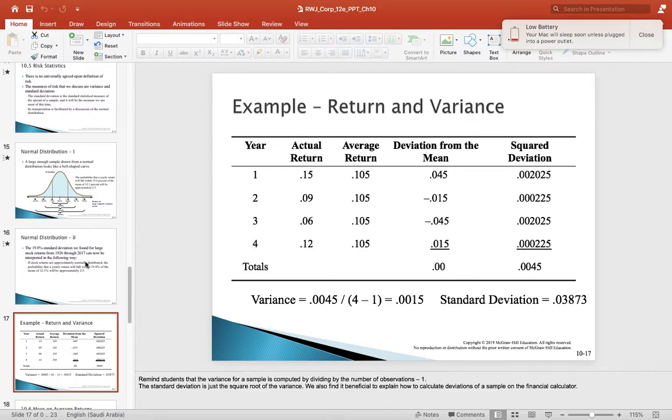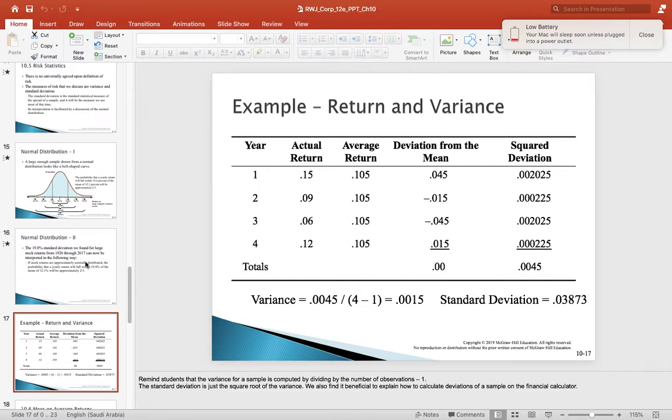You deduct this 10.5% from each return, which will give you the deviation. So the deviation of the first year return is 4.5%. The second year is minus 1.5%. The third year is minus 4.5%. The fourth year is 1.5%.